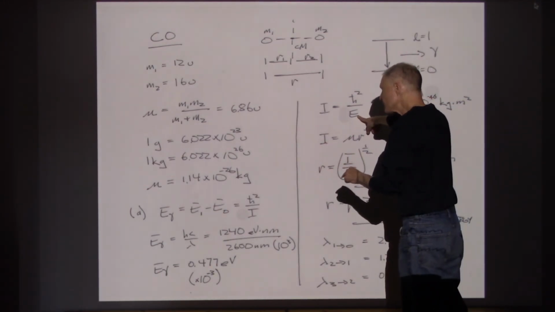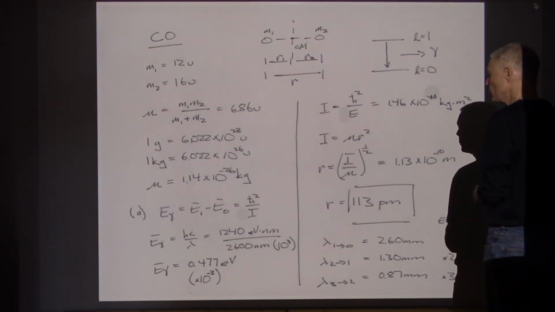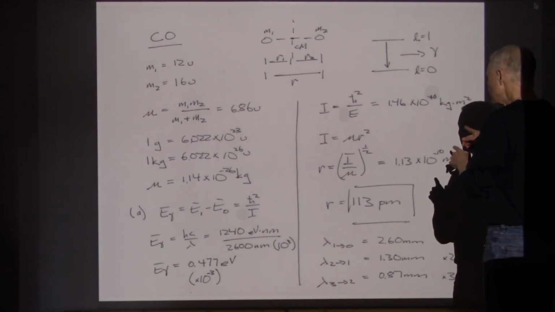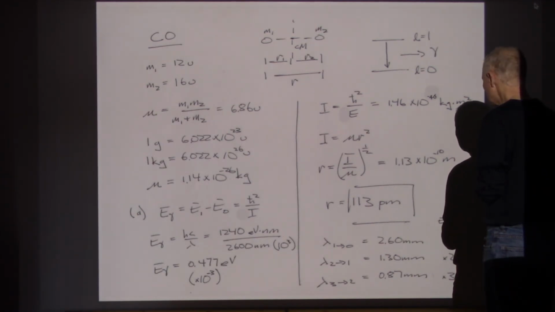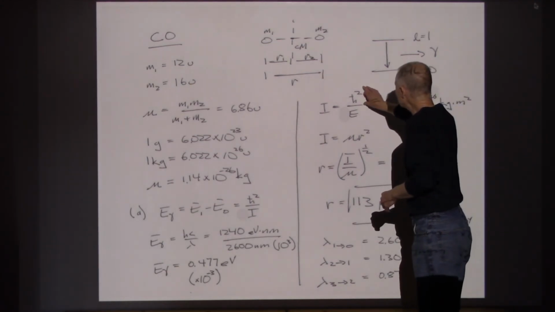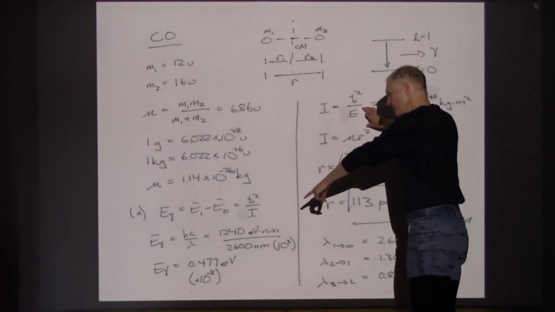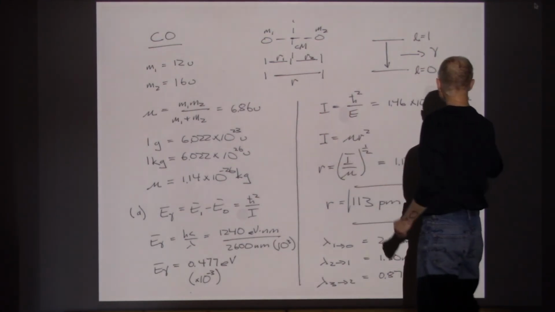Now I've got to have this energy in joules. So it does seem like it would be good to go back and fill in a couple of steps here. I want this in joules. Okay. So check those steps. This should go in standard units, h bar squared over the energy in joules. It's in eV right now. We've got to get that switched over.